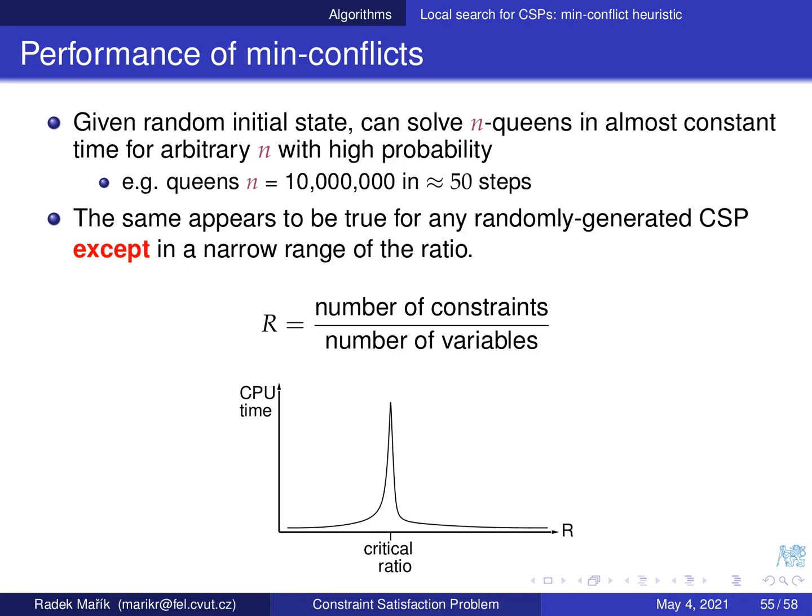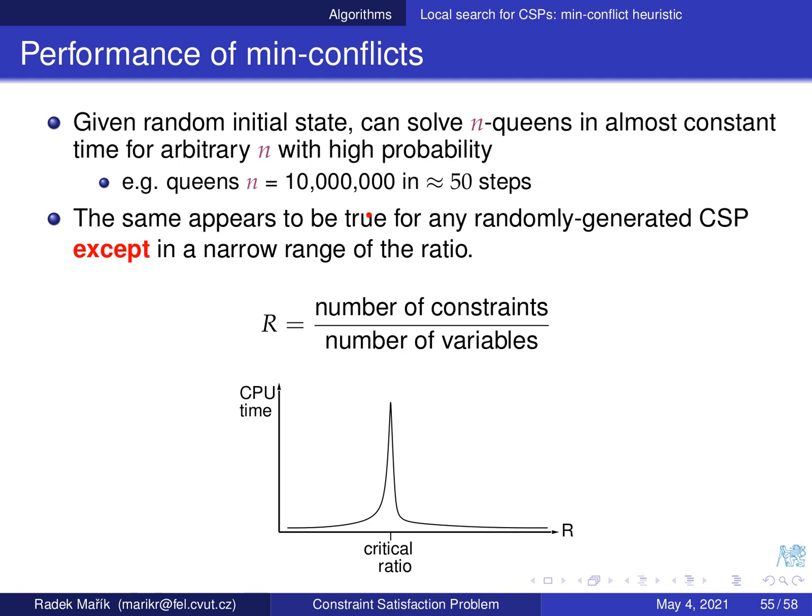Using this approach, although it looks quite weird because you don't explore any kind of structure, it is a very efficient method, and it can be shown that you are able to solve the n queens problem with 10 million queens, usually in roughly 50 steps.